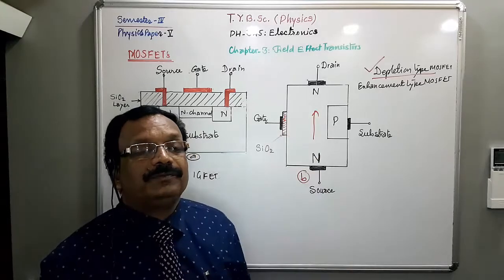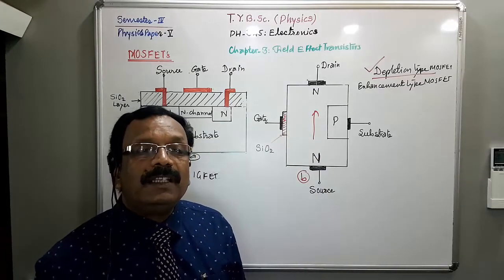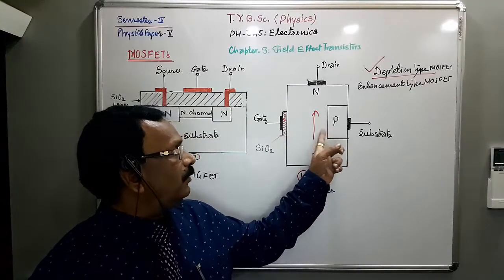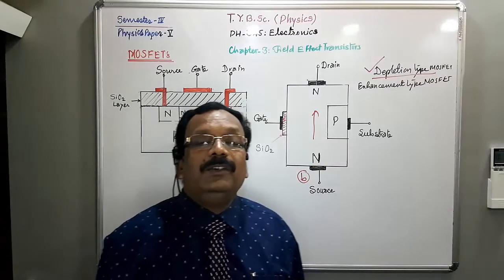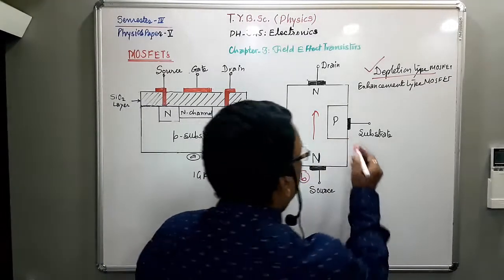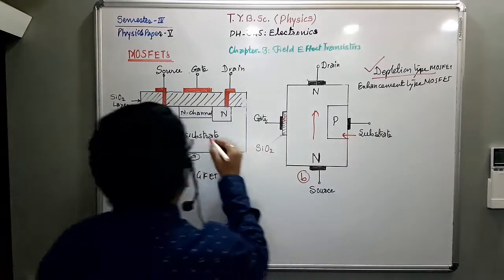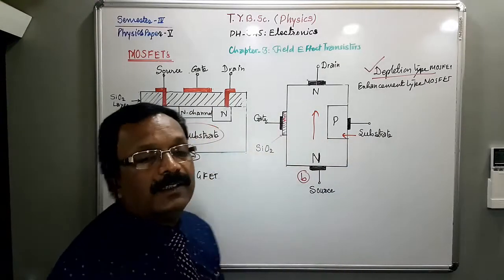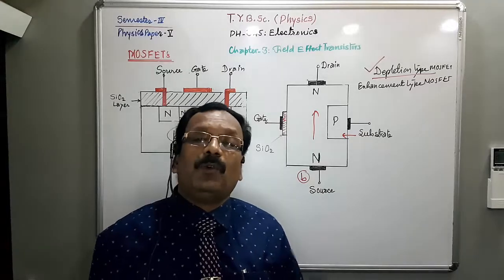This is the channel. There is only one P region, this one, and this is called substrate. This is called substrate, which is shown here and here. This is called substrate or a body.